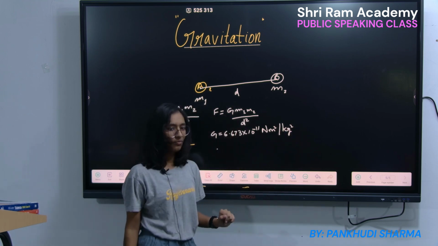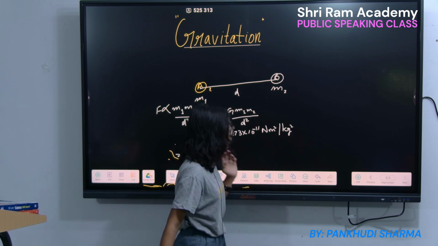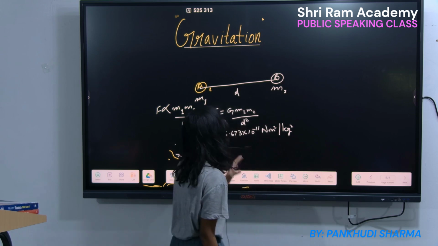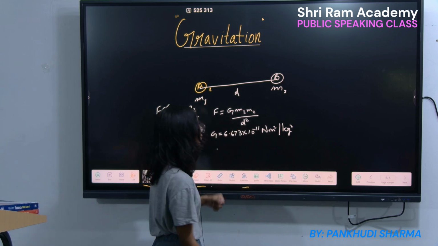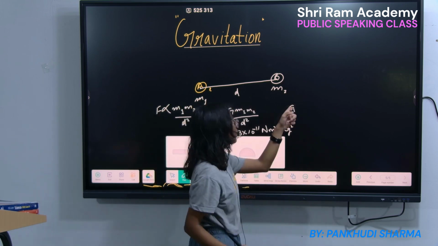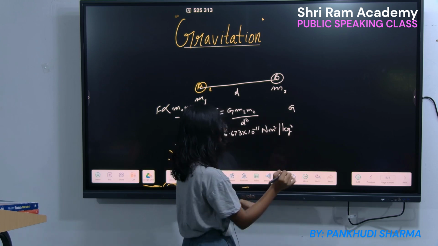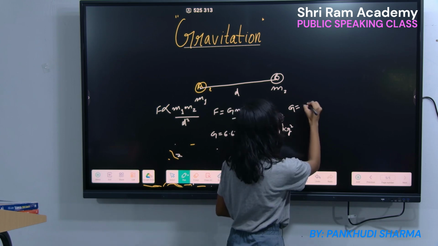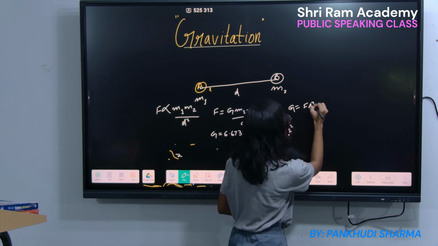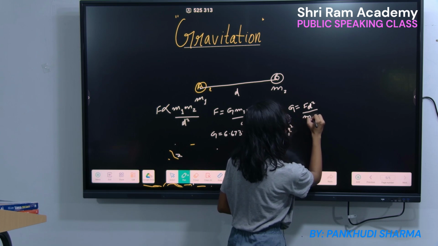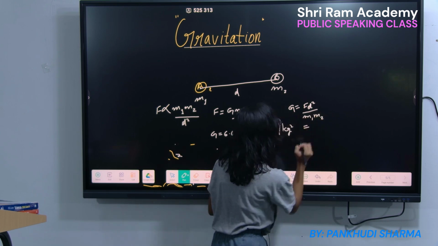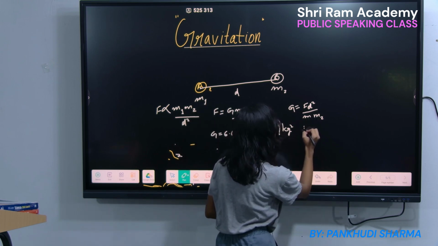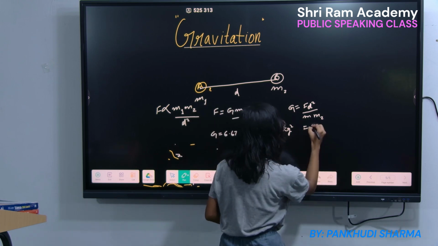Where did we get this from? For this, we use this formula: capital G on the LHS, and on the RHS, we take force multiplied by distance squared upon m1 into m2. That equals, SI unit of force is Newton.